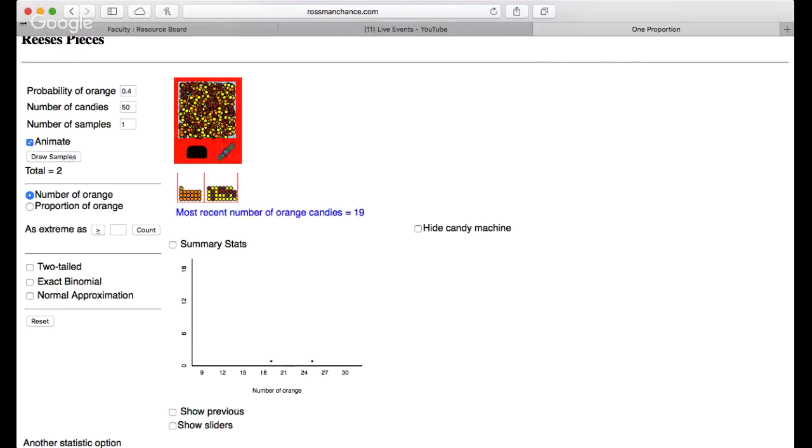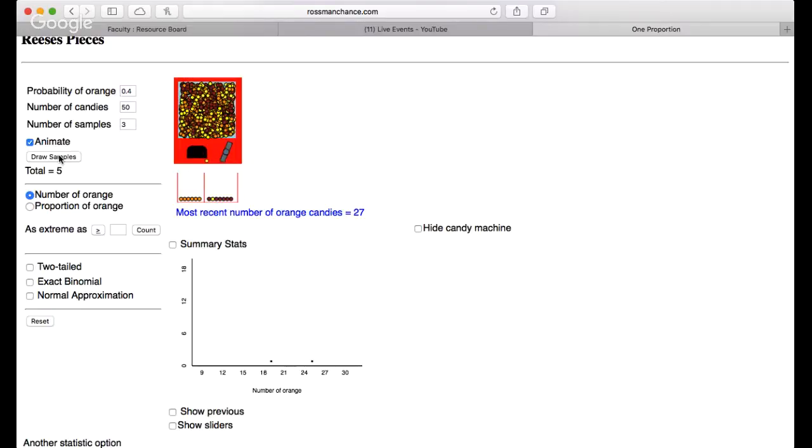So I got 25 and 19. I need 3 more. So you could actually change this to 3 if you wanted to, and you just draw samples. So 25, 19, and I'll write those down so I don't forget. I got 18 here.